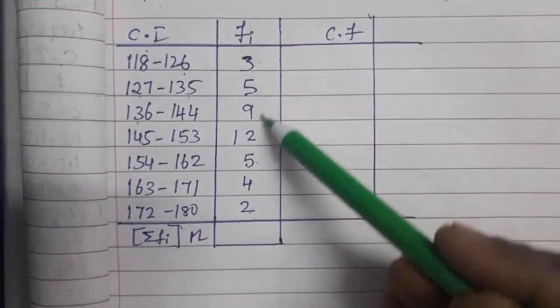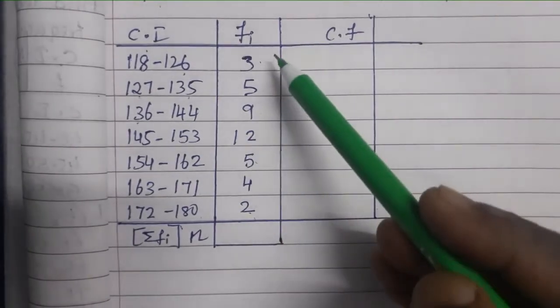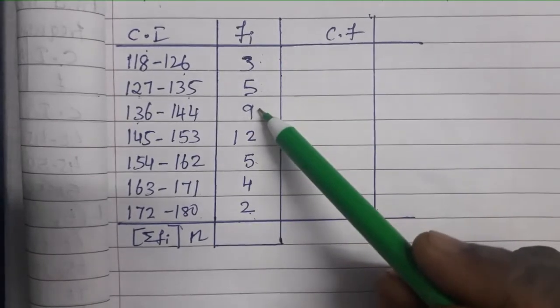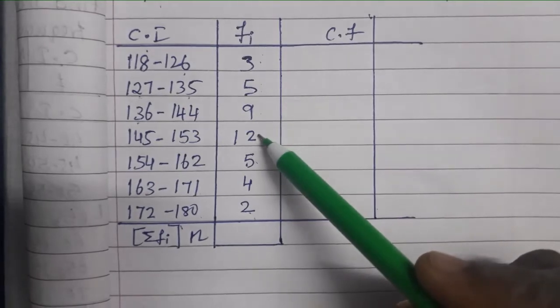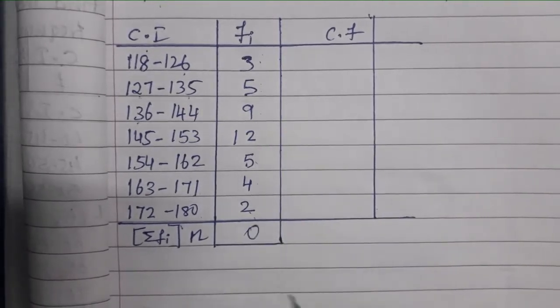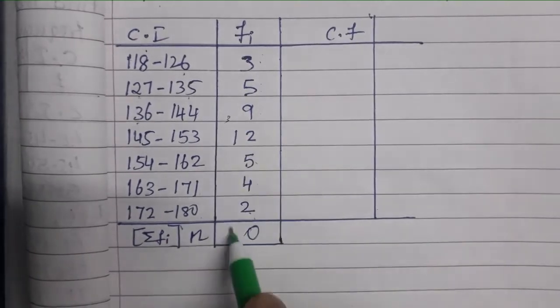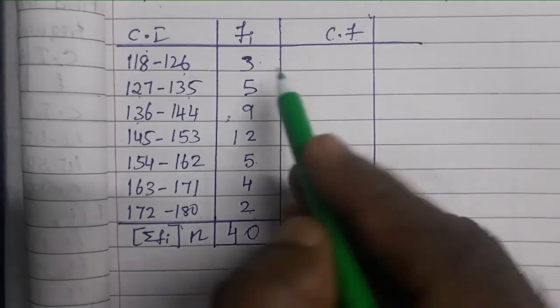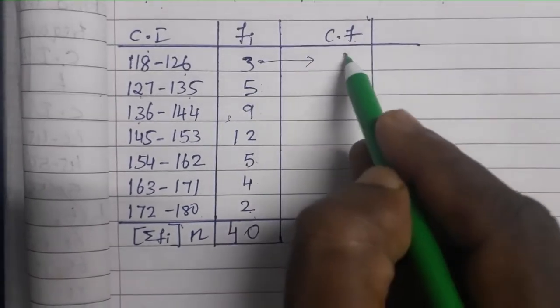First you have to add the frequency column. 3, 8, 8 plus 9, 17, 29, 34, 38, 40. So n is 40. Next what you should find? Cumulative frequency. First reading you will be writing as it is.